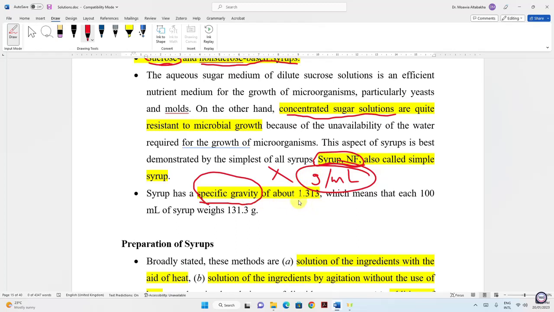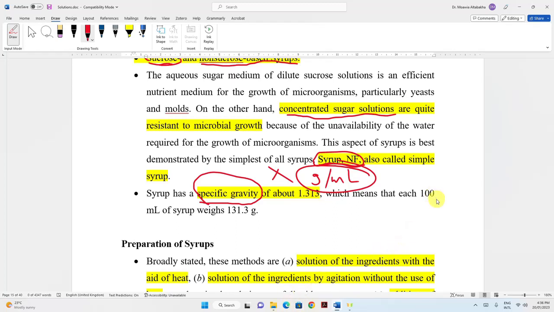طيب, what is this weight? It's 1.313 gram. وهذا يعتبر one of the ways to check whether the syrup you have is having enough sugar in it or not. Okay, so each ml of the syrup has a weight of 1.313 gram.